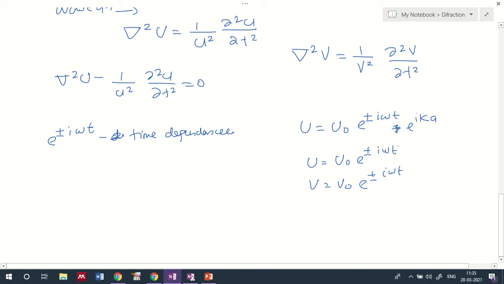If you integrate over del square v by dou t square and del square u by dou t square, it will look like a similar representation. Then we can say that the volume part of the equation will be 0 if you apply the time dependence e raised to plus or minus i omega t.